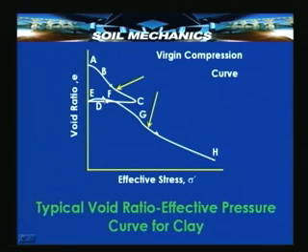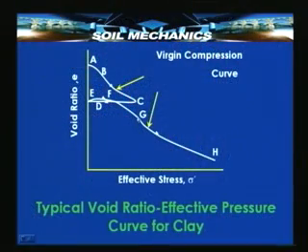That means, we had applied a load corresponding to this point C and then we had removed the load, decompressed the soil. Now, when you recompress, this E, F, G will correspond to the recompression curve, and when the stress once again reaches a point G, corresponding to the same stress as the point C, once again you will find that this soil is undergoing further compression under additional load for the first time, which means that this portion is again a virgin compression curve.